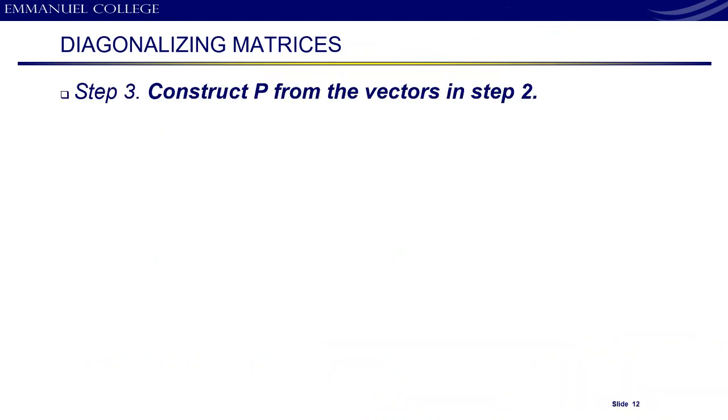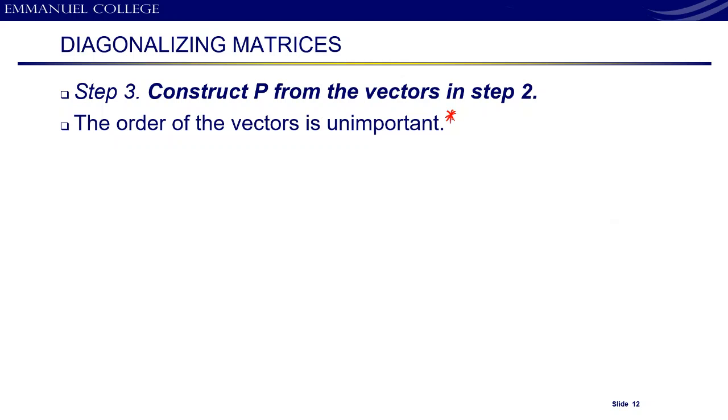Now you construct P from the vectors in step 2. The order of the vectors is unimportant, and that kind of gets a little asterisk.